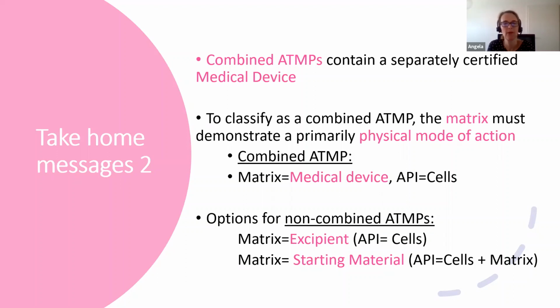If we decide that we have a combined ATMP, the matrix will be a medical device, the API being the cells. If we decide that we do not go into this direction of the non-combined ATMPs, the matrix could be an excipient, in which case the API would exclusively be defined by the cells, or the matrix could be a starting material, in which case the API would be made up of cells and matrix.